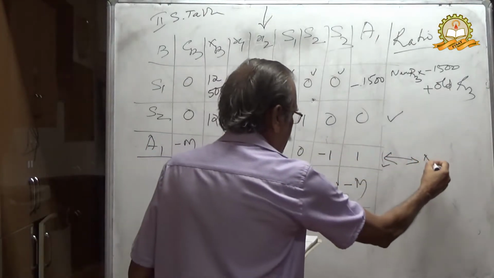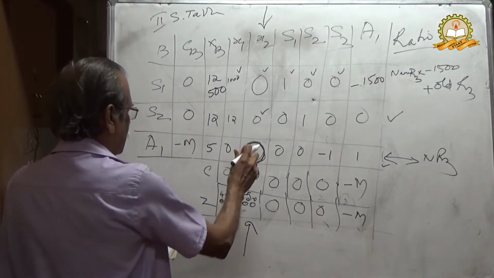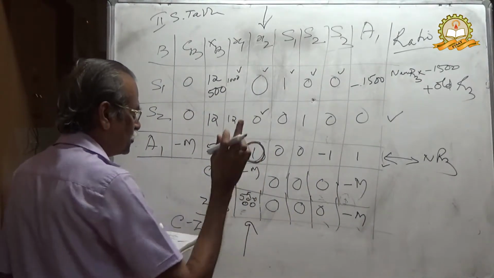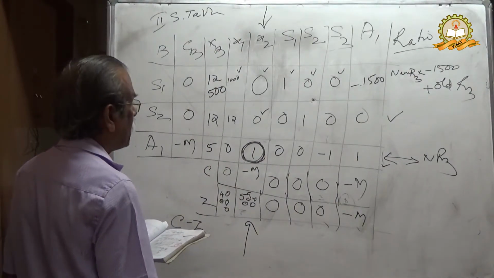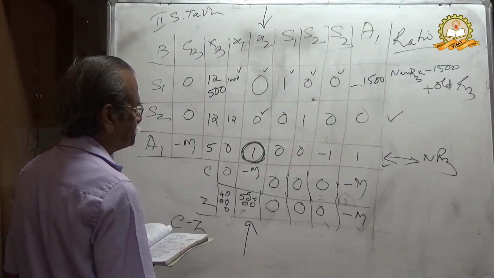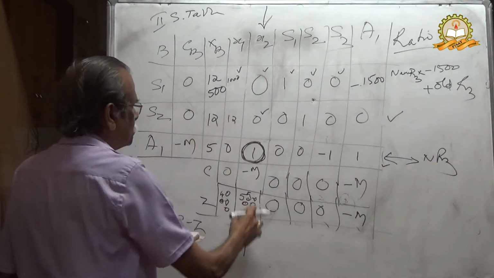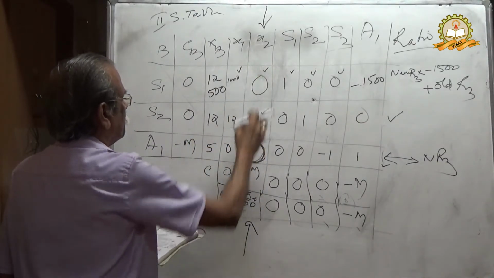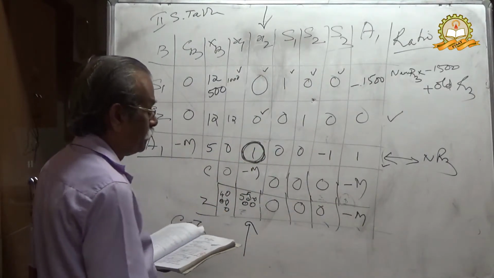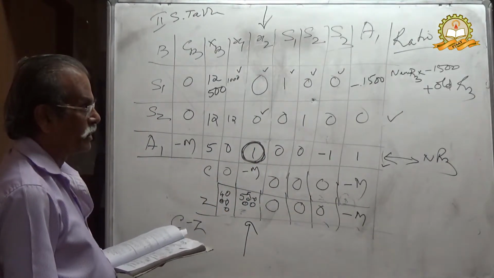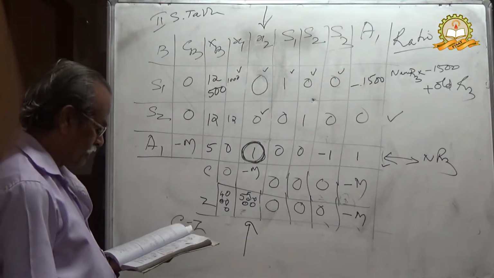New R3 and pivot column intersect at 3, which means X2 and A1 interchange.